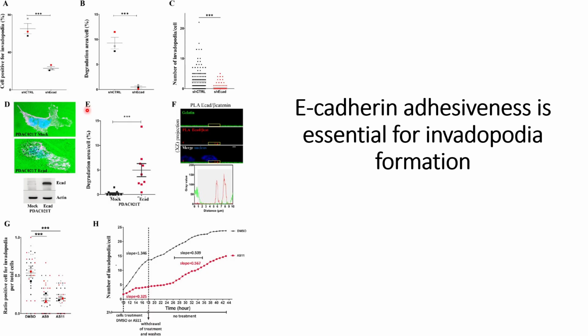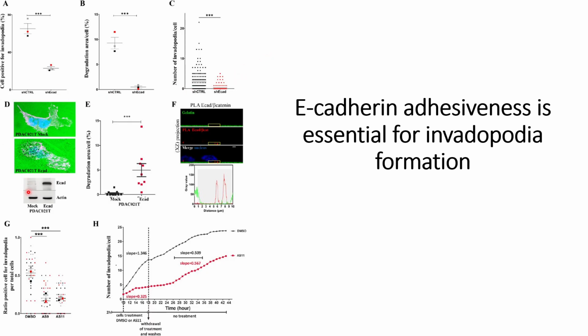After that, they did the opposite: they overexpressed E-cadherin in these stable E-cadherin knockdown pancreatic cancer cells. For these experiments they used BxPC3 pancreatic cancer cell lines.